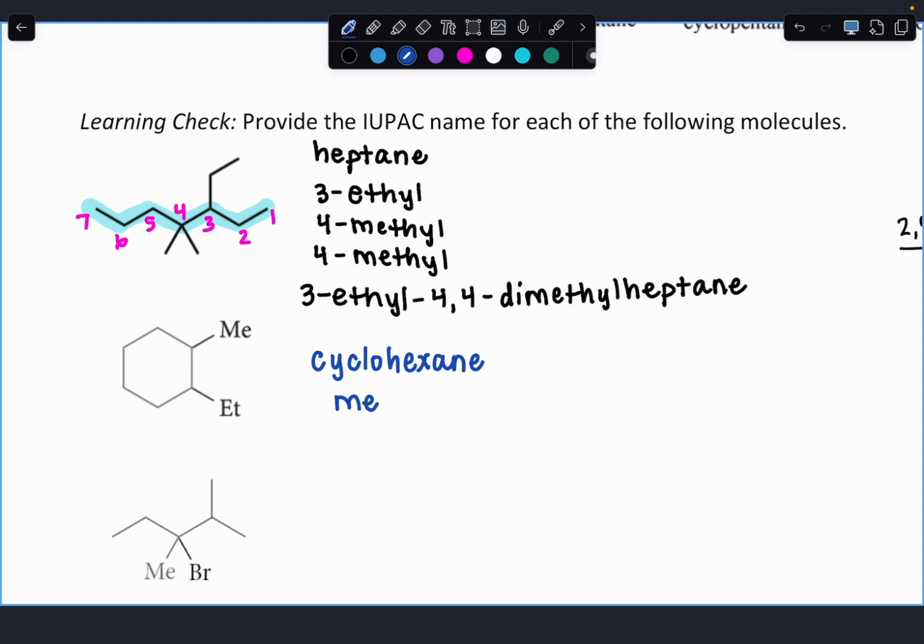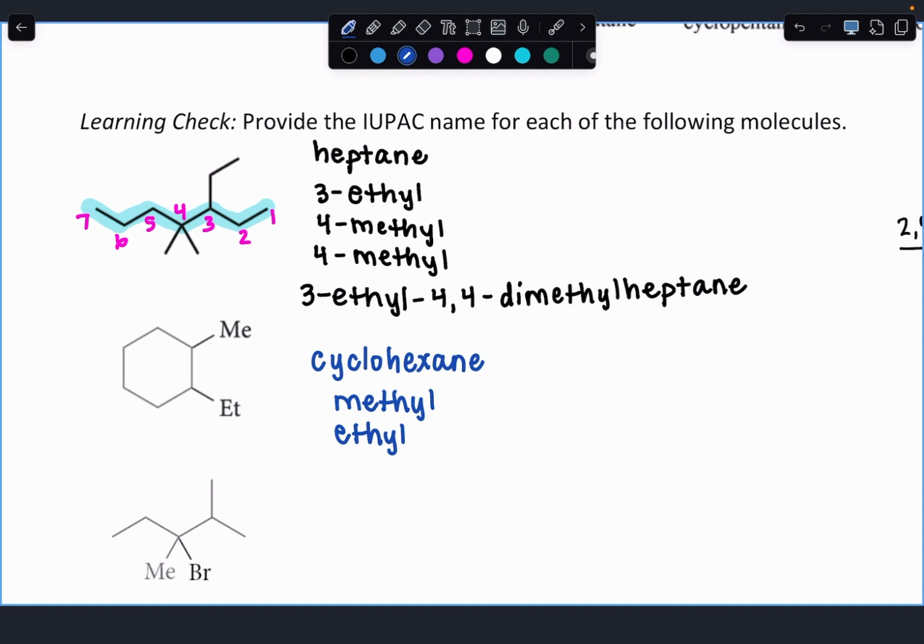We need to find the numbers though. Yeah, I numbered it from left to right. So there's only 4 of those methyls, but for ethyl, you just write 5 instead of 3, and we do the same name, just 5 instead of 3.